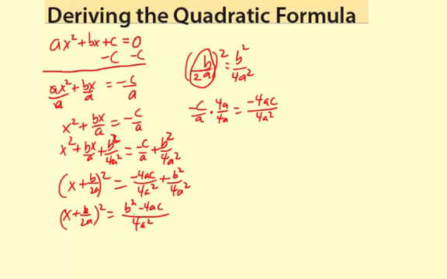Now I'm going to finish solving for x by taking the square root of both sides. So x plus b over 2a equals plus or minus the square root of b squared minus 4ac over 4a squared. And I should make this radical sign go down further. That's all one big square root.